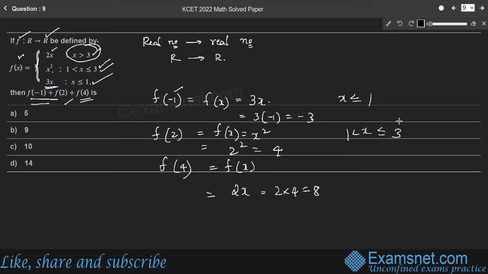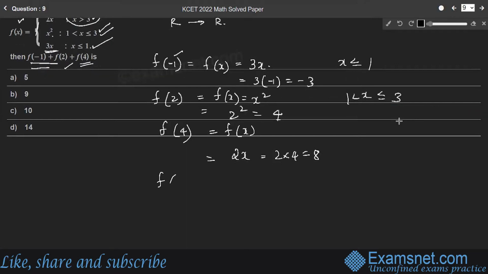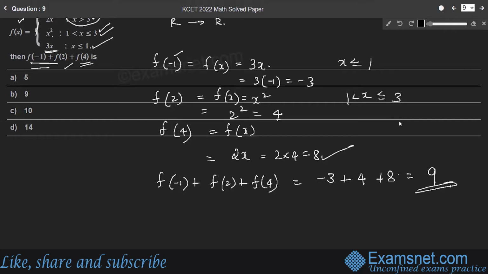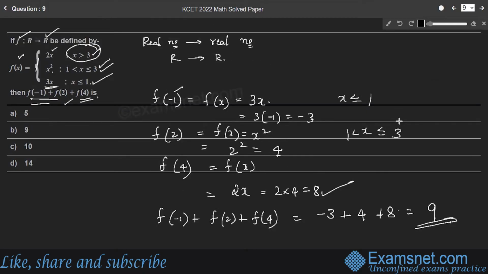Therefore, f of -1 plus f of 2 plus f of 4 becomes f of -1 is -3 plus f of 2 is 4 plus f of 4 is 8. So it is equal to 9, right? So the sum of the given three function values is equal to 9.